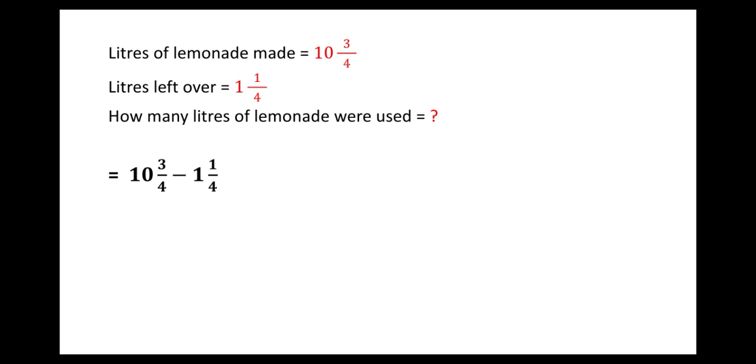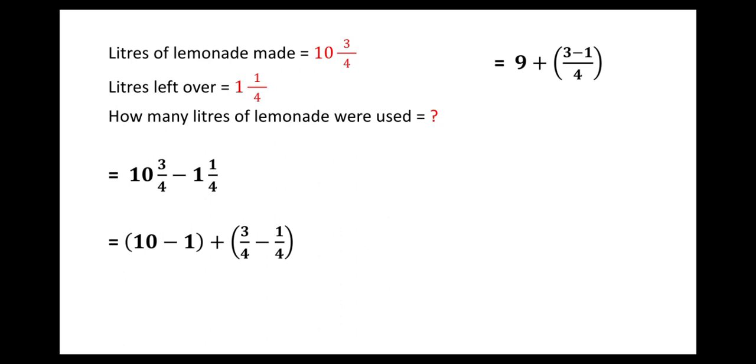First of all, we write the whole part separately and the fractional part separately. 10 minus 1, we get 9. Now you can check that the denominators are already same, so we don't need to make them same. We subtract the numerators directly.